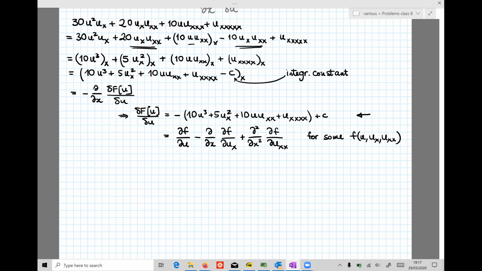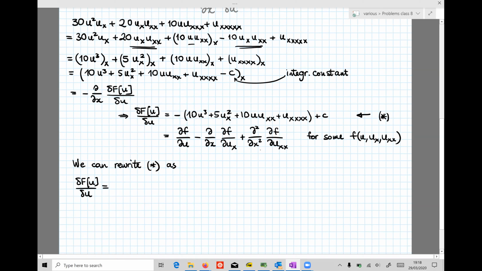So let's do that. Let me call this equation here star. Now we can rewrite equation star as the functional derivative of capital F with respect to u.